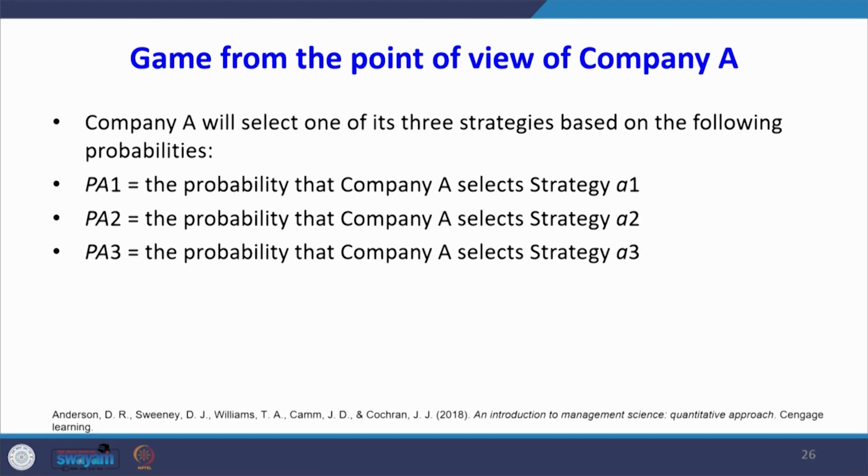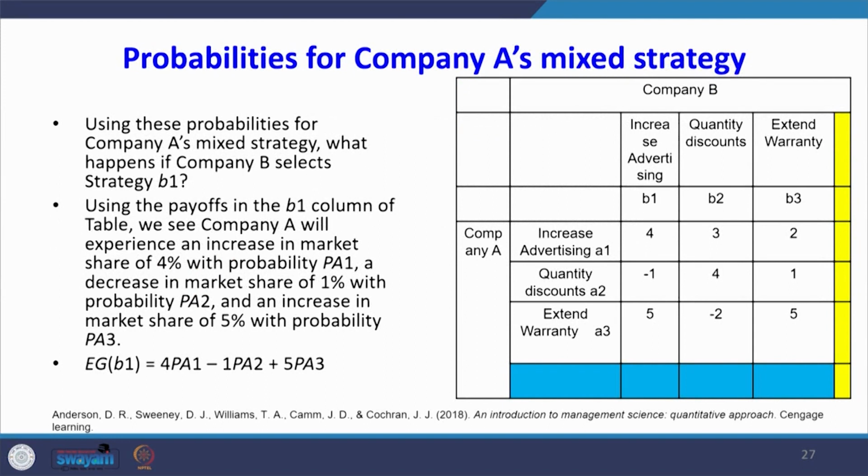We call PA1 the probability that company A selects strategy A1, PA2 the probability that company A selects strategy A2, and PA3 the probability that company A selects A3. Using these probabilities, this player is going to play PA1, PA2, PA3.